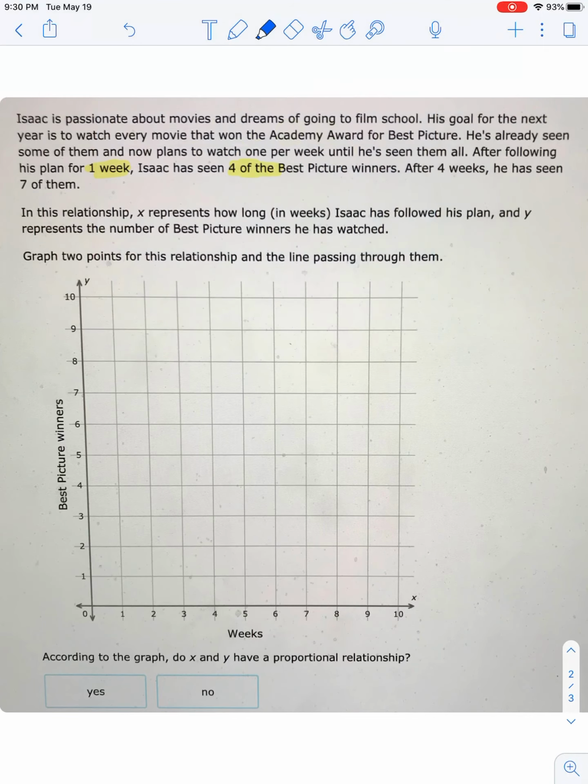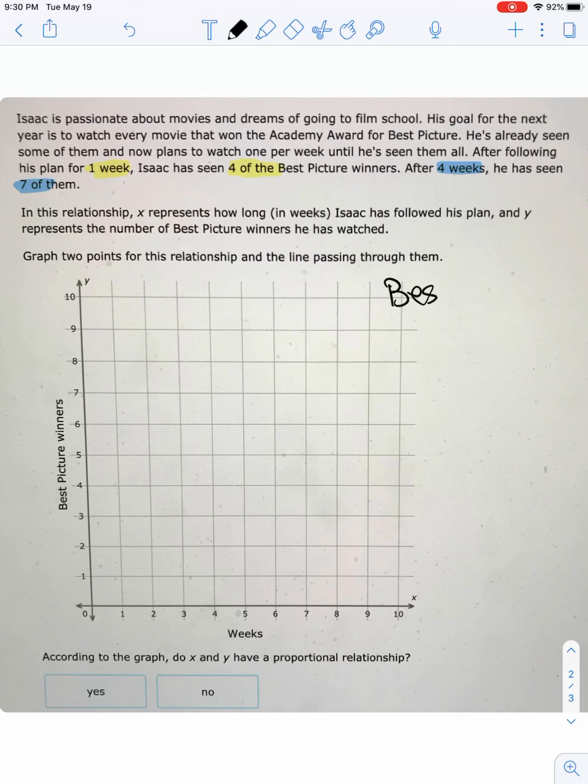Okay, and let me do blue this time. After 4 weeks, he has seen 7 of them. So what did I do? I color-coded our ordered pairs to make it easier to plot the points. Again, as you can see, our graph does not have a title.